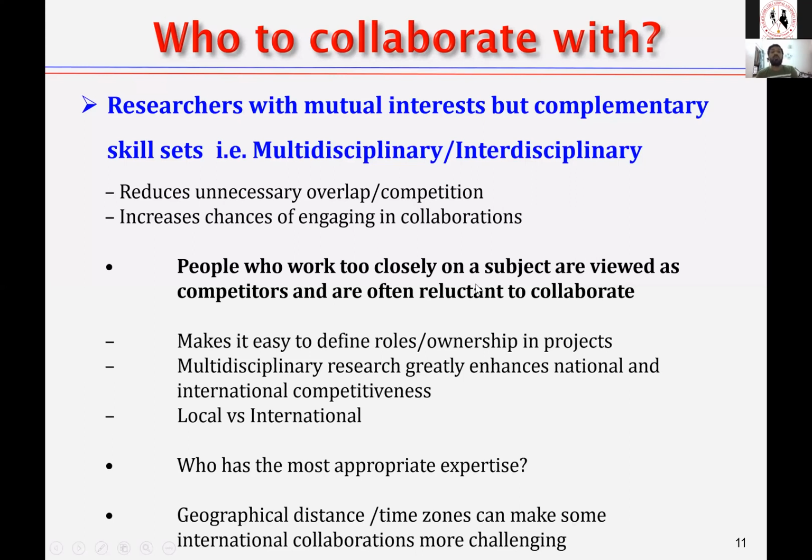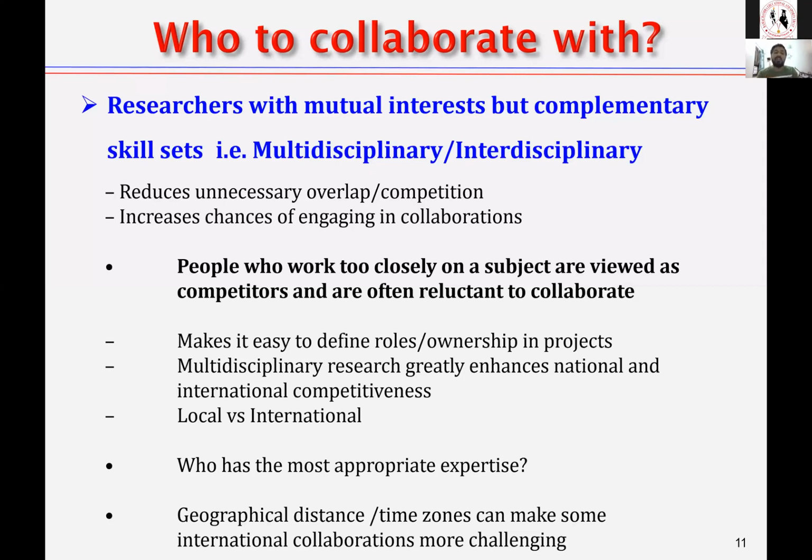People who work too closely on a subject are viewed as competitors and are often reluctant to collaborate. You can't collaborate with a person who is working exactly like you and whose resources, or experimental and computational or other expertise, are exactly the same or overlap more than 80%.